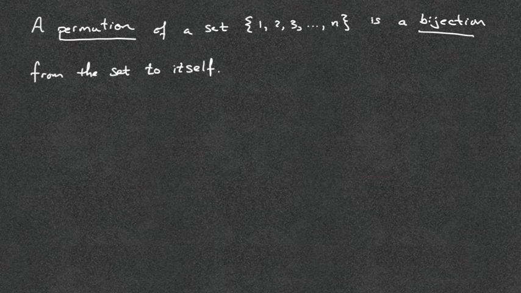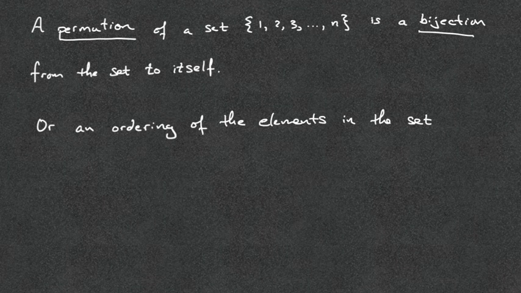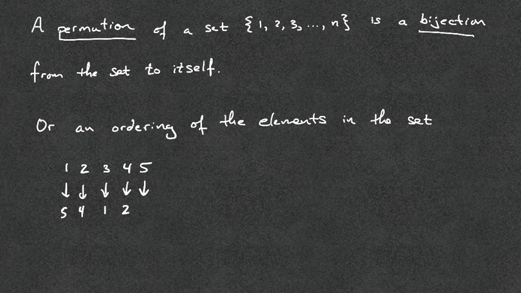Another way of thinking about it is that you are really just placing an ordering on the elements in the set. So for example, if we had a permutation from the set 1, 2, 3, 4, 5 to itself, let's say 1 goes to 5, 2 goes to 4, 3 goes to 1, 4 goes to 2, and 5 goes to 3.